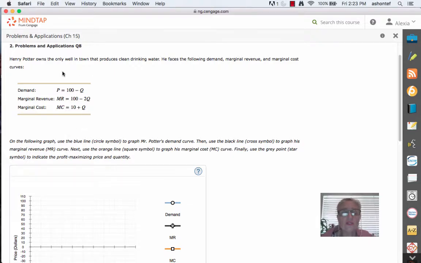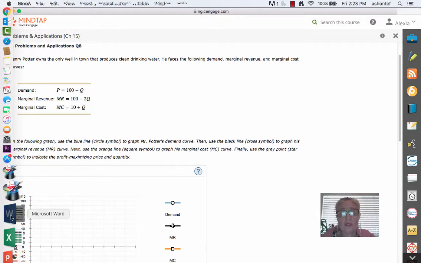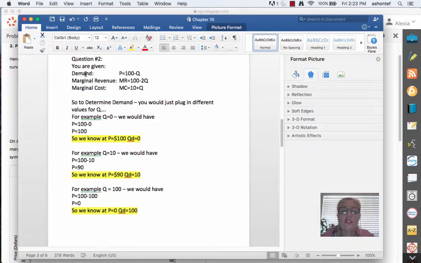This problem is looking at the mathematical way we could calculate prices, quantity demanded at different levels, and marginal revenue using the math. Let's take a look at what that means. This is question 2, and I've put it into other terms here. I'm making it look a little different, but you're told your demand is equal to the price, and it's equal to 100 minus Q.